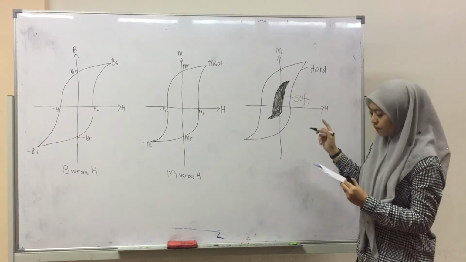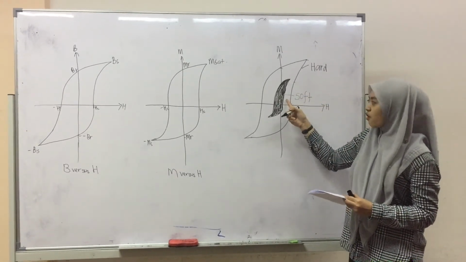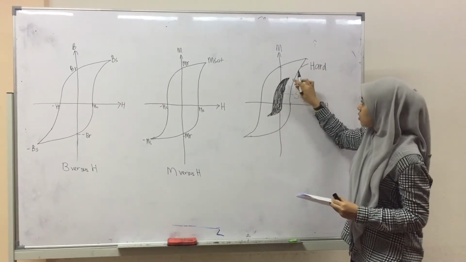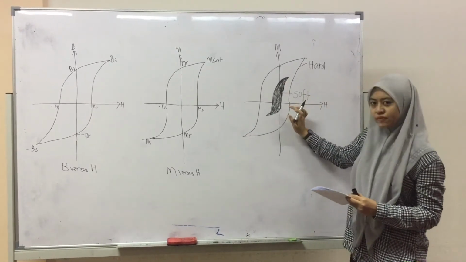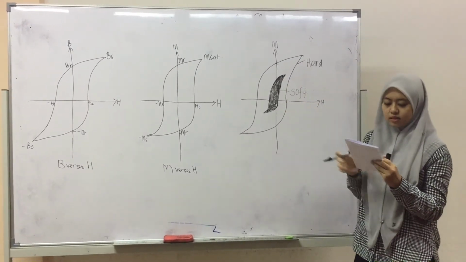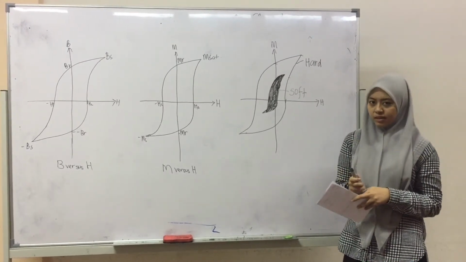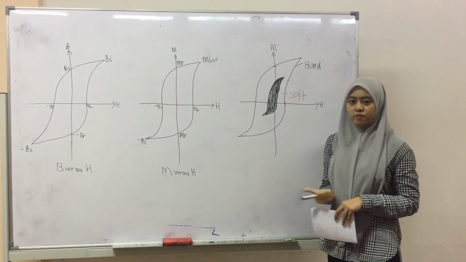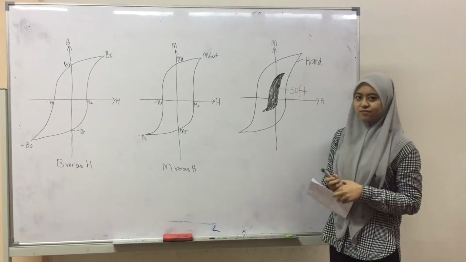It also has low initial permeability. The soft magnet has low saturation, low remanence, and low coercivity. The example for the hard magnet is utilized for permanent magnets, and the examples for the soft magnet are transformer cores and generators. Thank you.